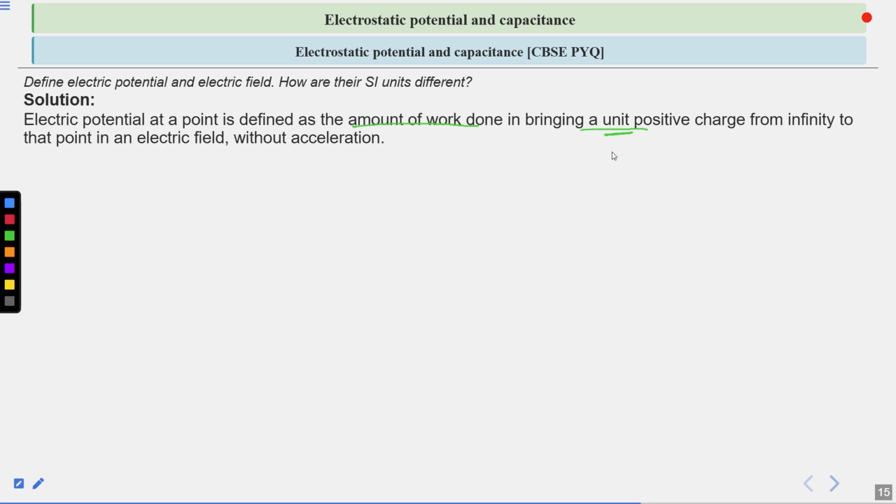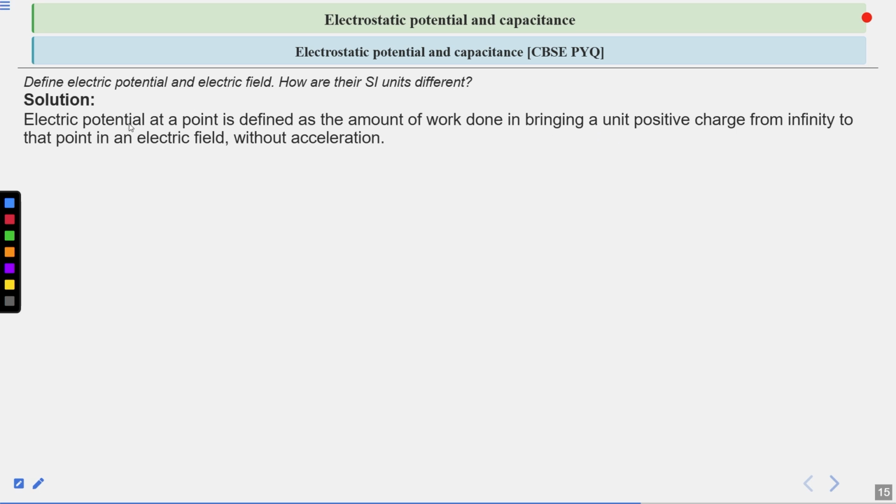But in potential we don't take into account the magnitude of the test charge. We eliminate the magnitude of the test charge, so we take a unit positive charge having magnitude unity, 1 coulomb.